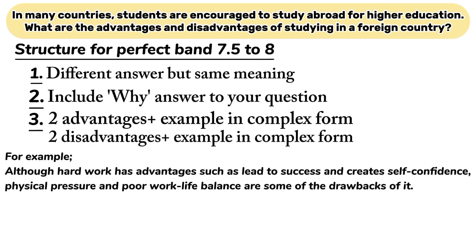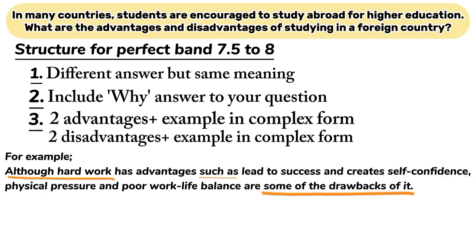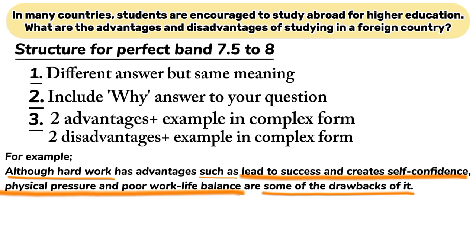For example, a complex form is like, although hard work has advantages such as leading to success and creating self-confidence, physical pressure and poor work-life balance are some of the drawbacks of it. This form of writing has a complex structure, has 2 advantages, 2 disadvantages, and summarizes your essay to your examiner.